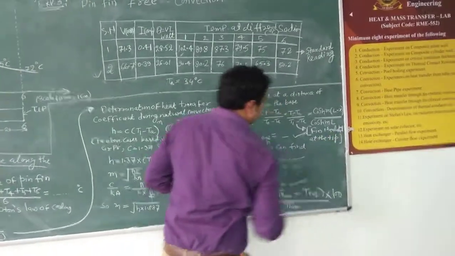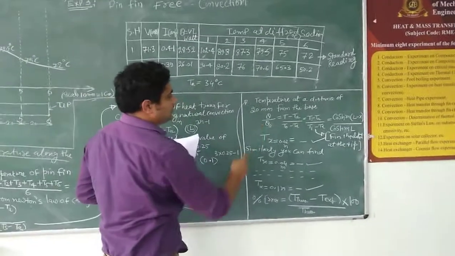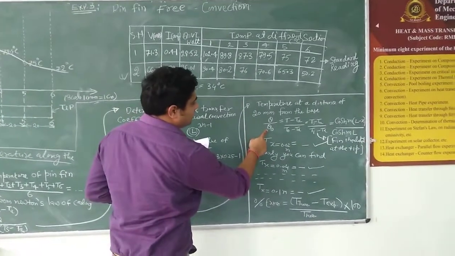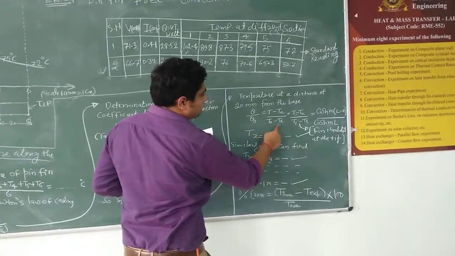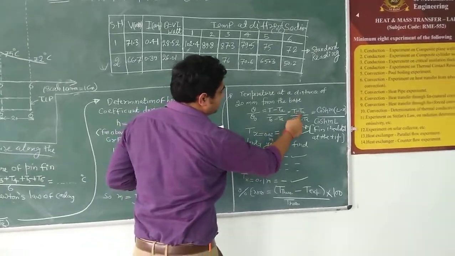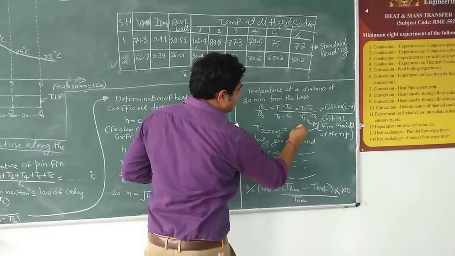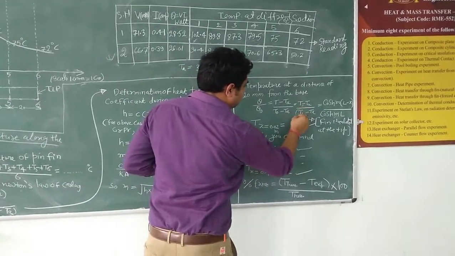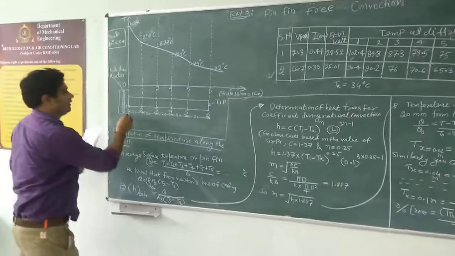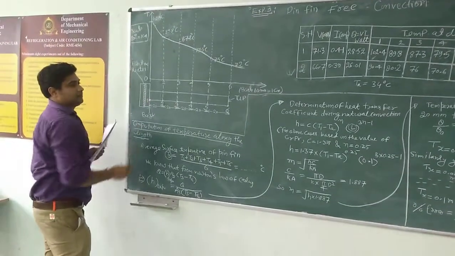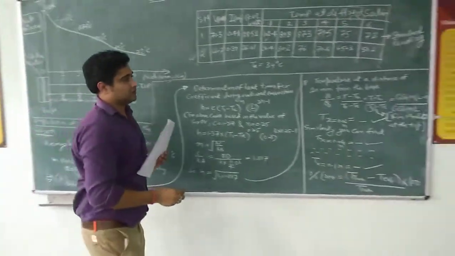The equation is theta upon theta naught equals (T minus Ta) upon (T naught minus Ta), which is equal to (T minus Ta) upon (T1 minus Ta), because T naught becomes T1 as the base is maintained at temperature T1.